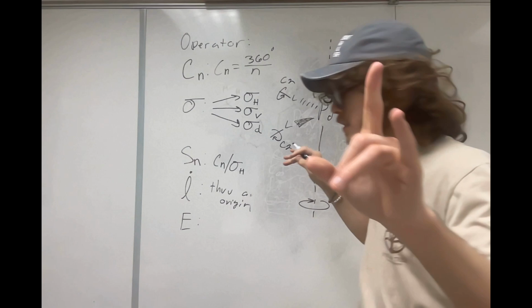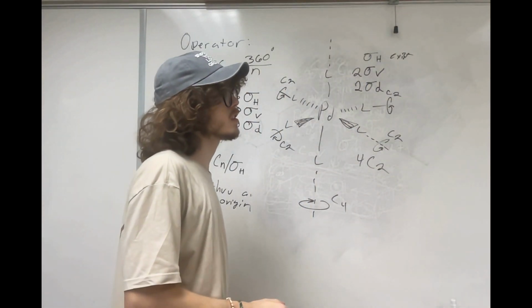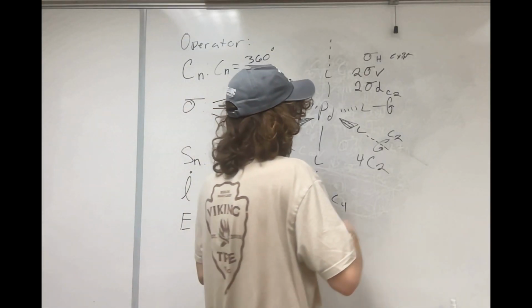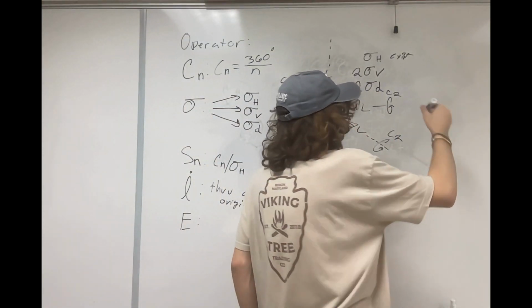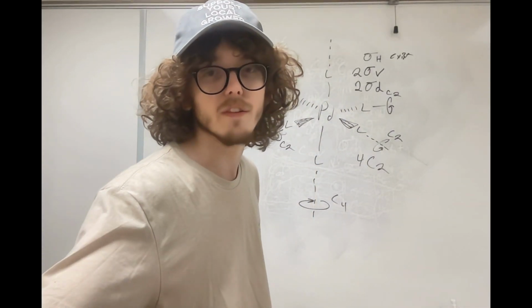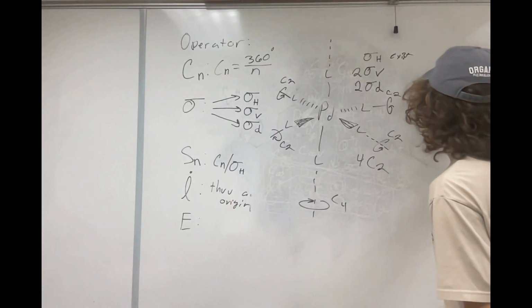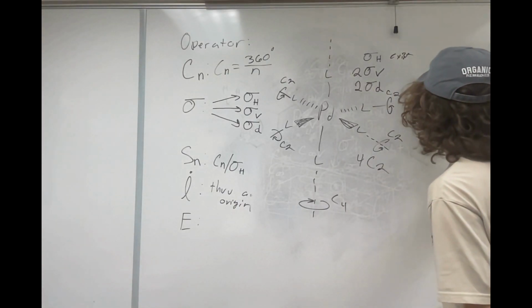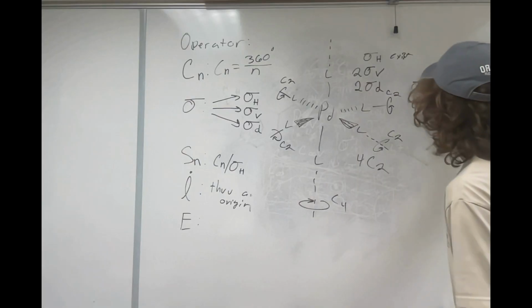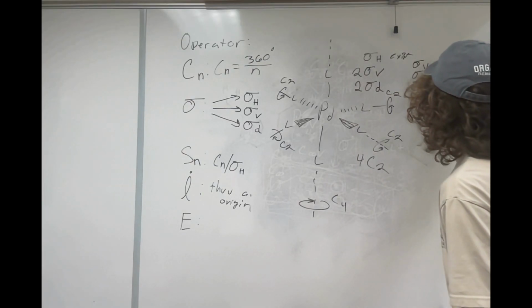And one more note that I want to make: if you have 2 sigma d planes, you can actually define them. The proper notation is to call them sigma d and sigma d prime, and the same with sigma v and sigma v prime.